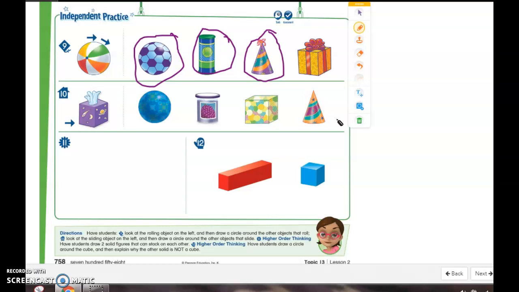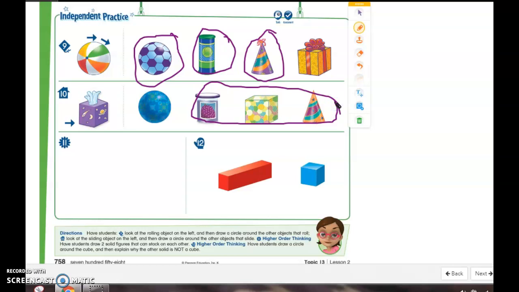Look at number 10. That's cube. It's a real tissue box, but it's a cube. And the cube is being slid. It's sliding. Which ones can slide? All of these. Cylinder, the cube, and the cone can all slide.